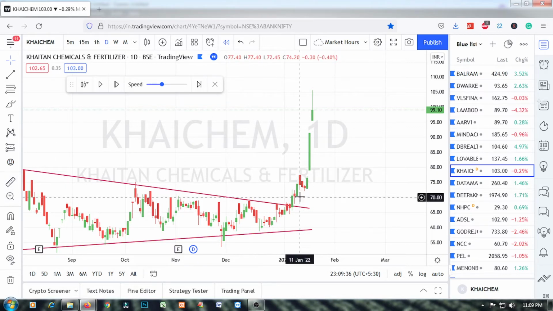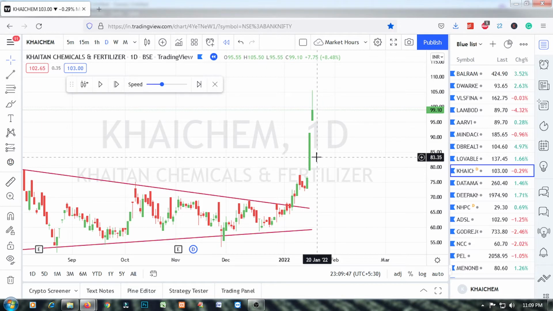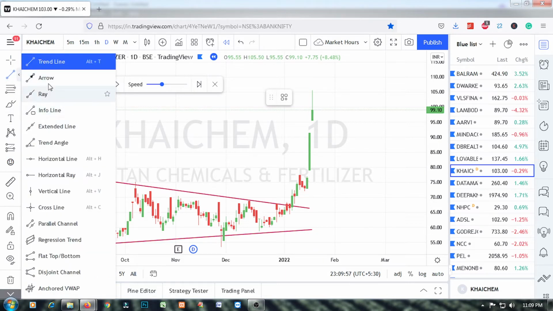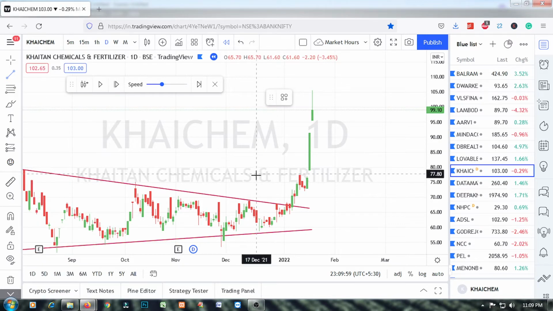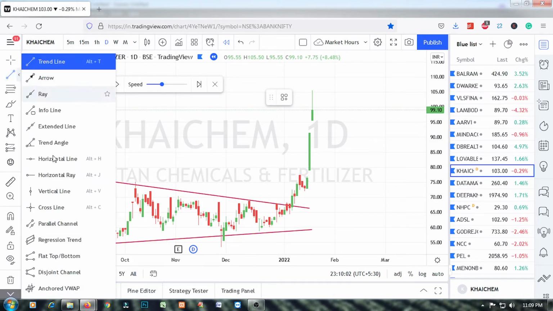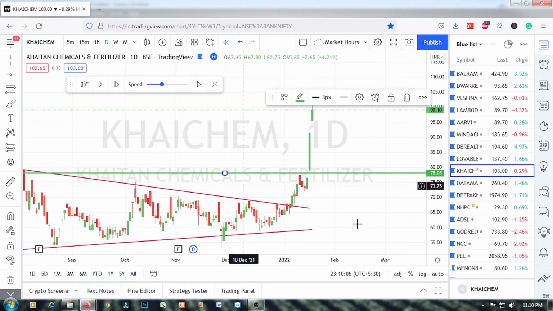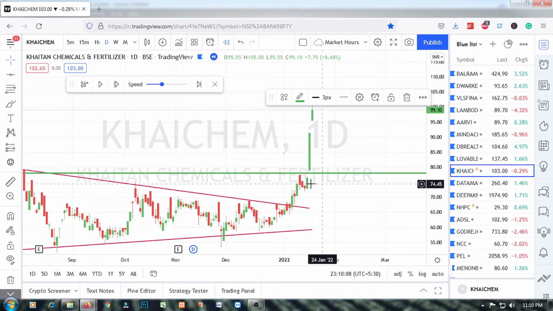Your entry is 70 rupees and your stop loss is around 66 rupees. If you consider a 1:2 risk reward ratio, your target should be at least 78 rupees. So this is your target price.